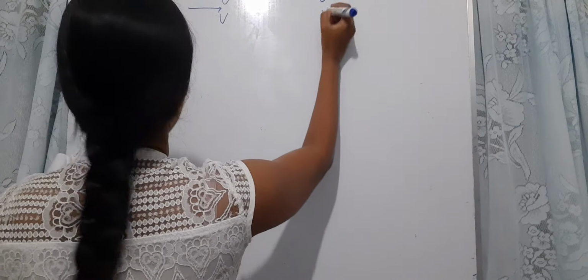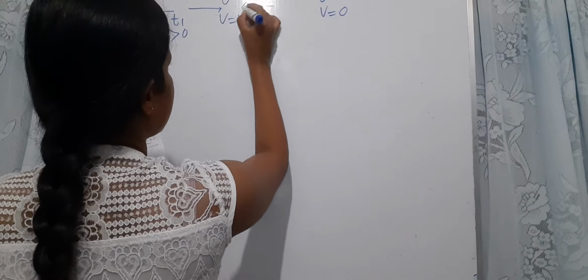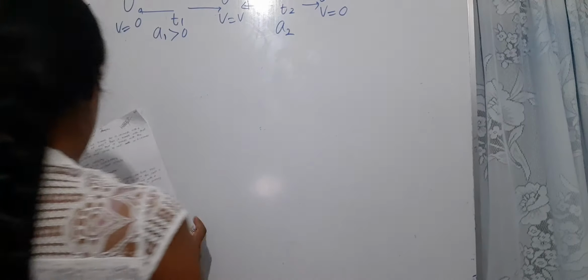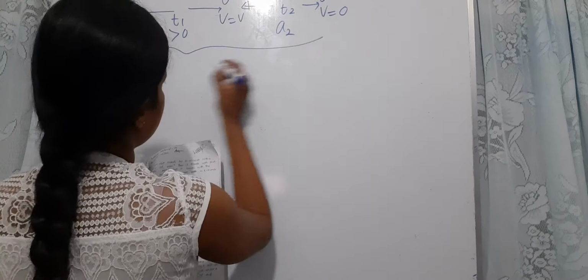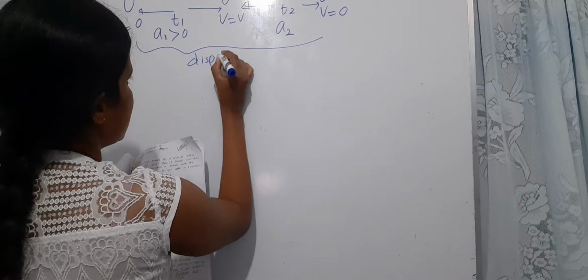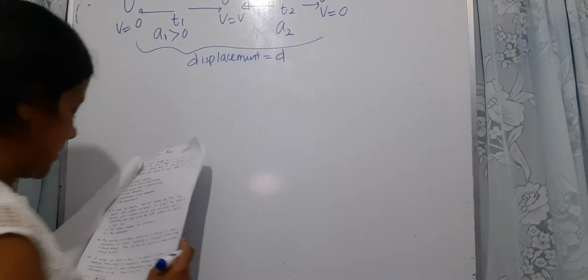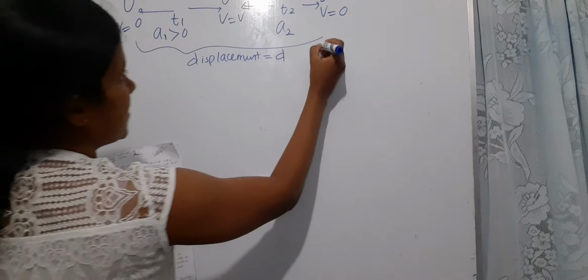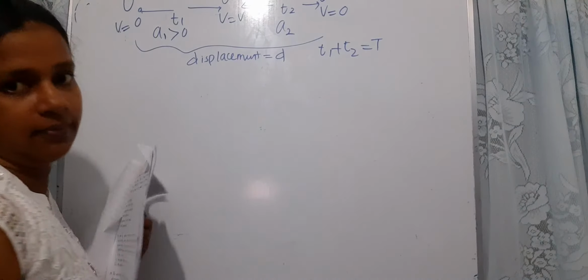Then velocity here is 0, velocity here is v, and this is T2, and retardation is A2. The total displacement here is D, and total time duration, that means t1 plus t2 equals capital T.